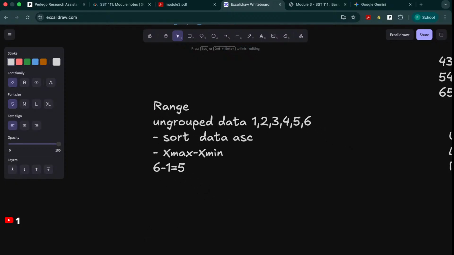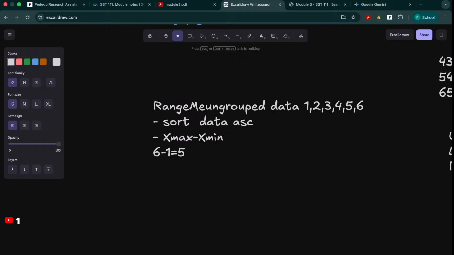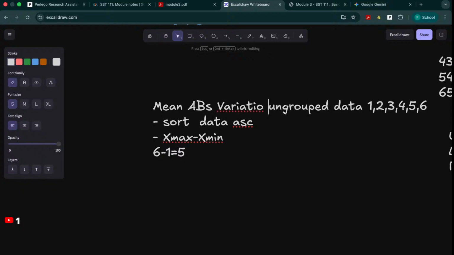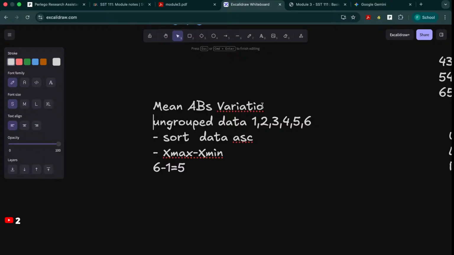So when you're doing mean absolute deviation, for this, the step one you need to do is to calculate the mean.